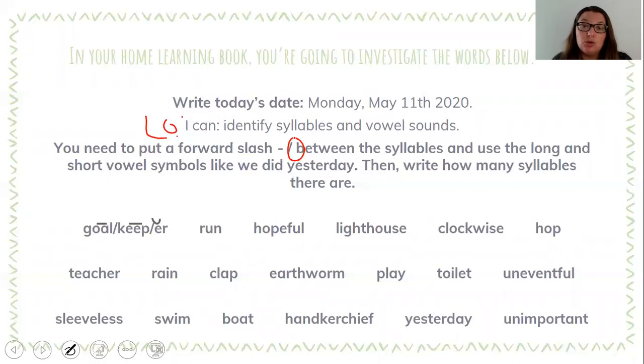So make smart choices and do it based on your reading level, okay? So if you have a very high reading level, then you should be doing level 3, okay? If you have a medium reading level, then you should be doing level 1 or 2.